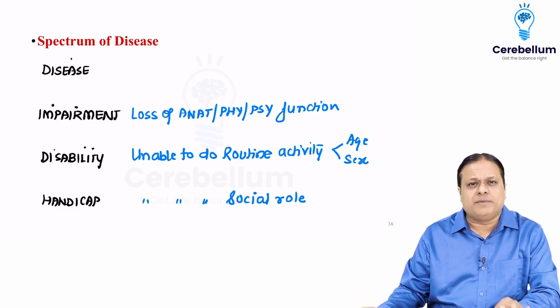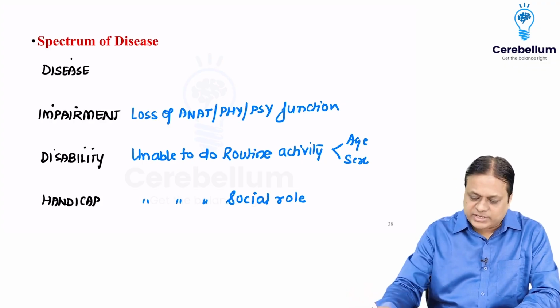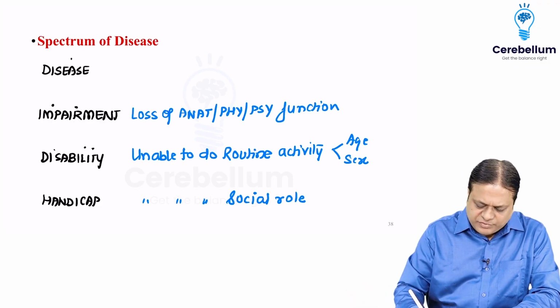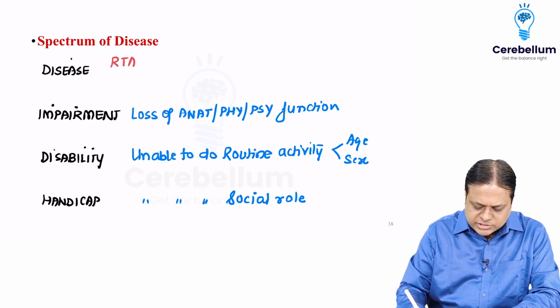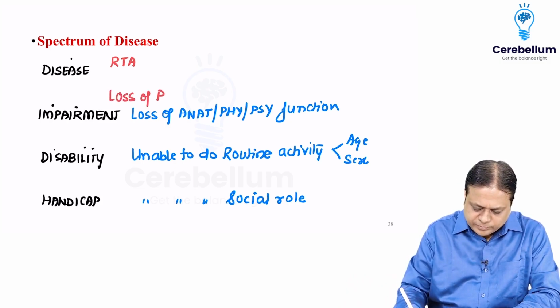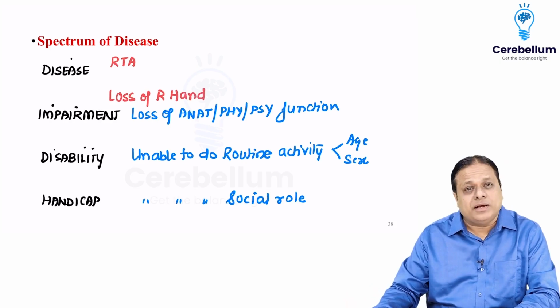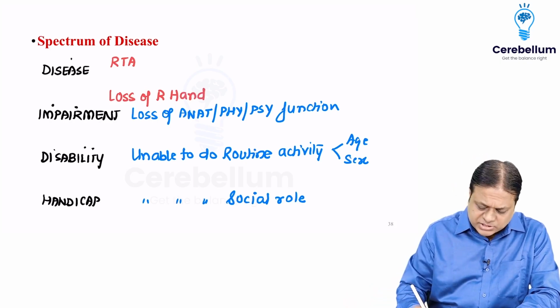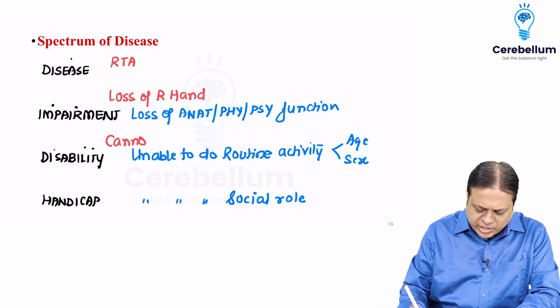Now first question, a person loses right hand in a truck accident is a type of. Okay, let's look at this. See, road traffic accident is a disease. Because of this, a person loses right hand. This is an impairment. Because of this, person cannot drive his bike.